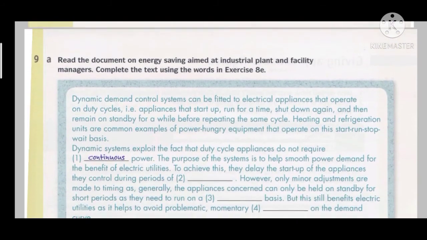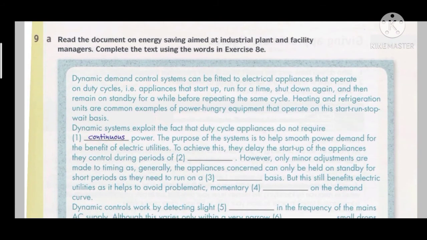Now let's keep going. 9A. Read the document on energy saving aimed at industrial plant and facility managers. Complete the text using words in exercise 8E. What are the industrial plants? Industrial plants are the factories which are complex industrial sites consisting of several buildings and machinery.